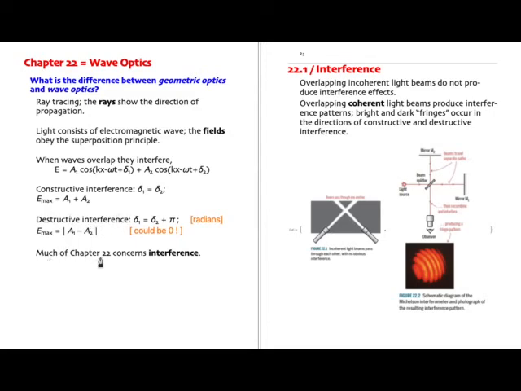Much of chapter 22 concerns interference in some way or another. The first section of chapter 22 is called interference. Now, overlapping incoherent light beams do not produce interference effects.